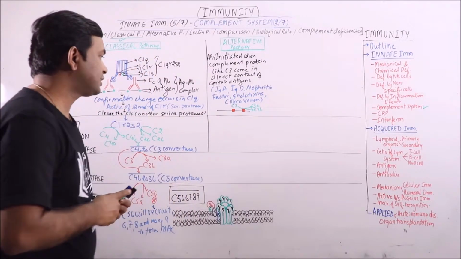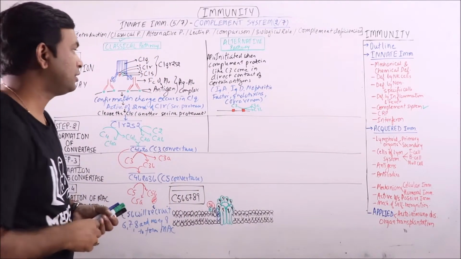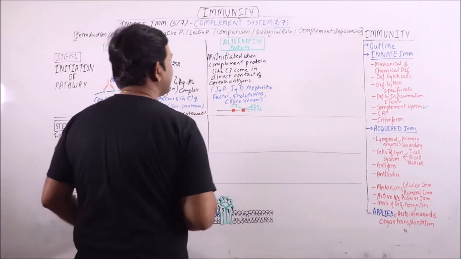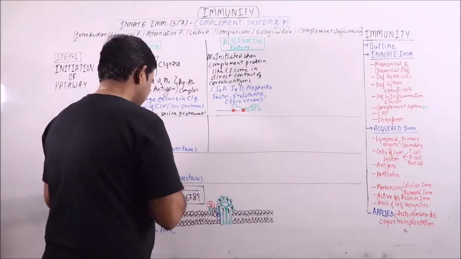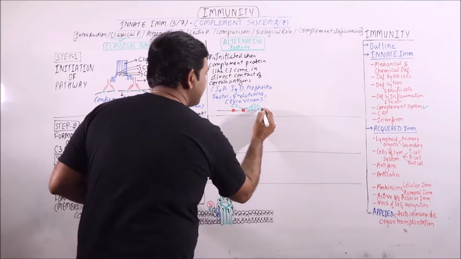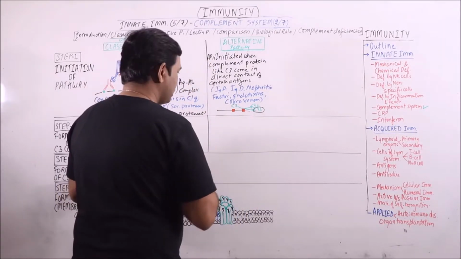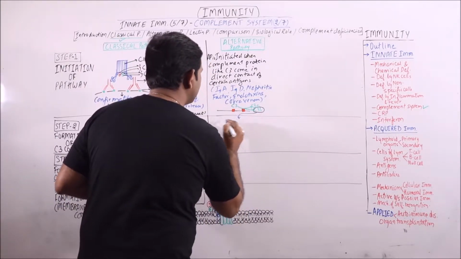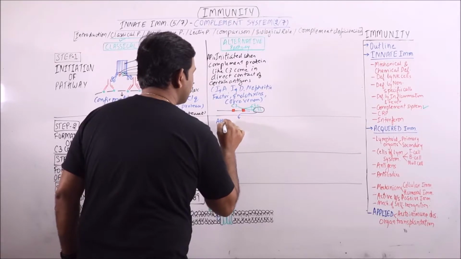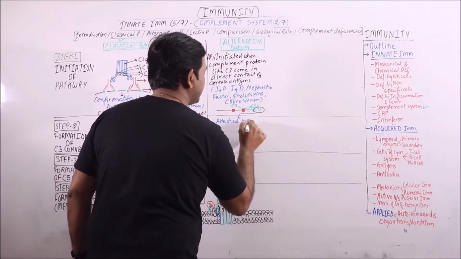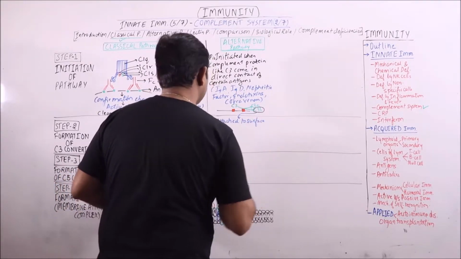So this spontaneous hydrolysis of complement protein occurs when it comes in direct contact with certain antigens. Now, when C3b is formed, it will be attached to the surface of the pathogen.